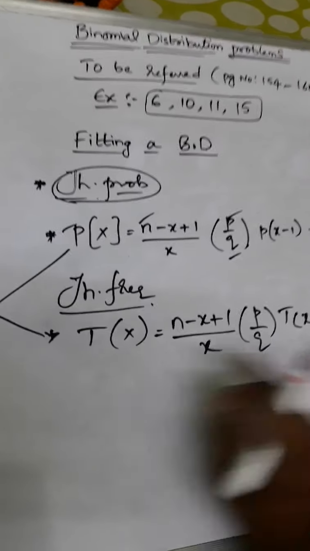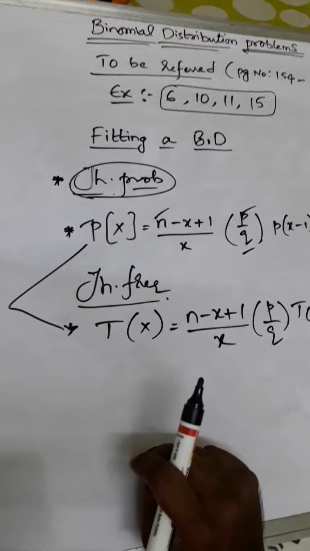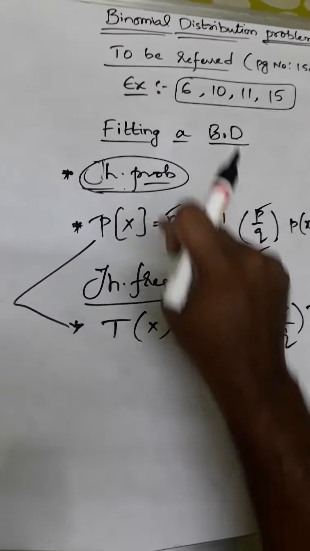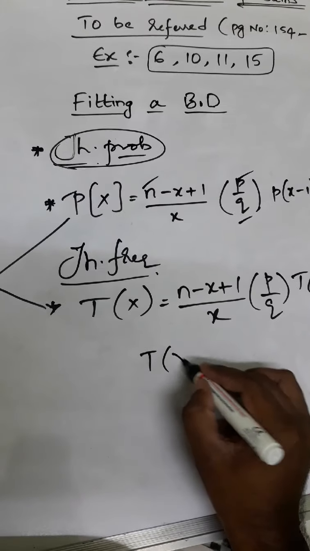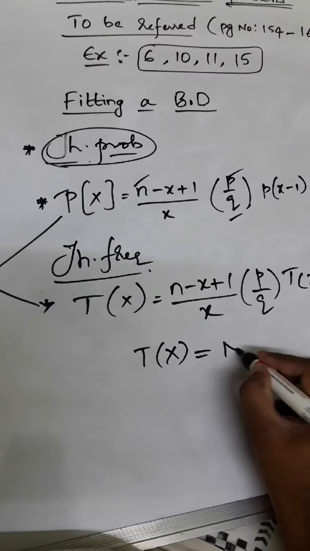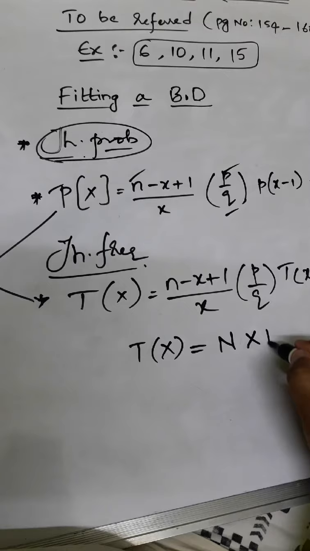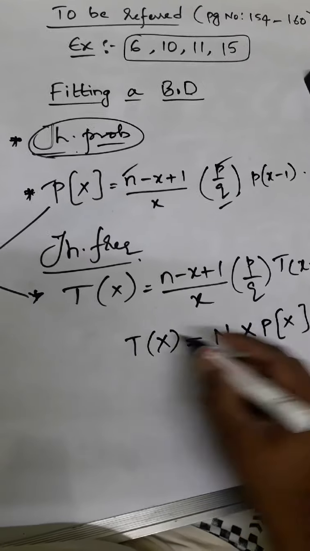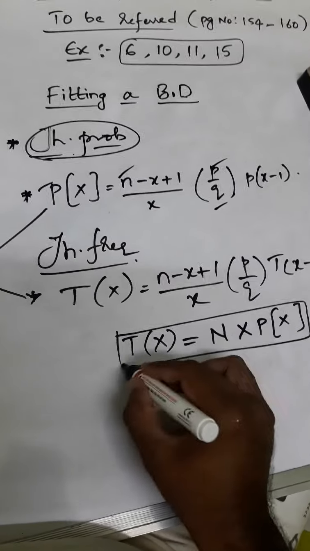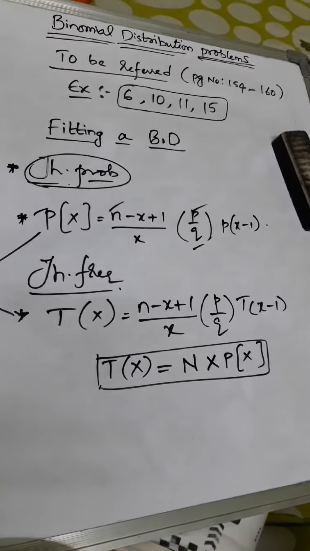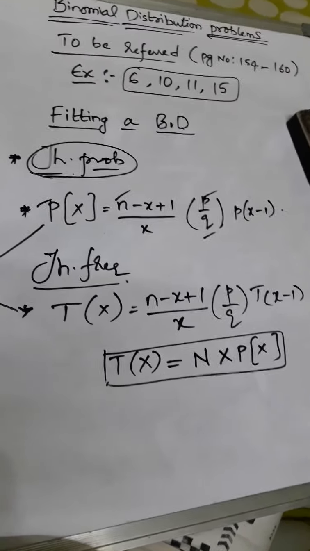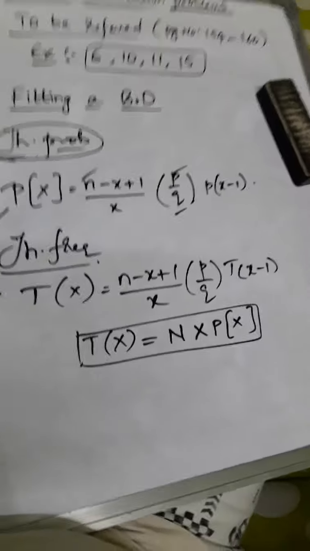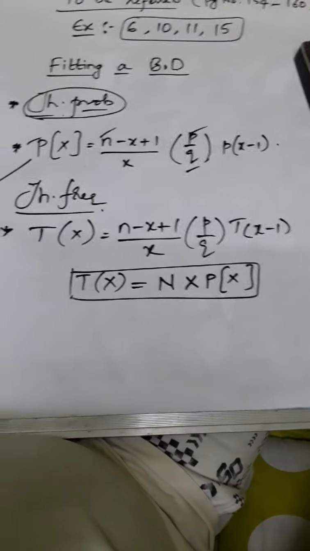But for finding theoretical frequencies, the difference is that the total frequency capital N has to be multiplied to each and every probability of x, for x values 0 to n. Okay, these are the two formulas.